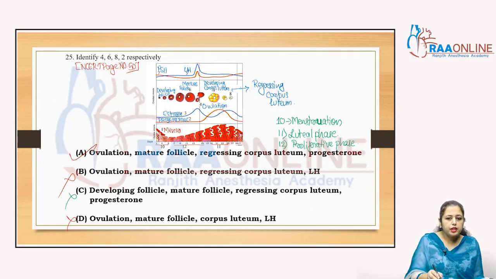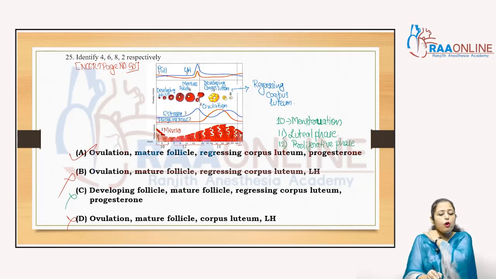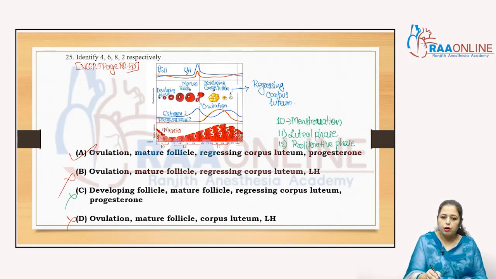So what will happen here? See that when all the hormonal levels fall down due to the fall of the estrogen, progesterone, FSH, LH, right? The endometrium gets degenerated and the bleeding starts, right?